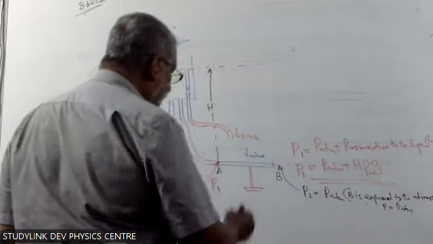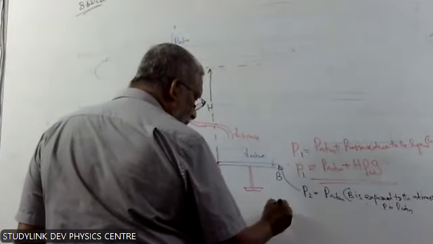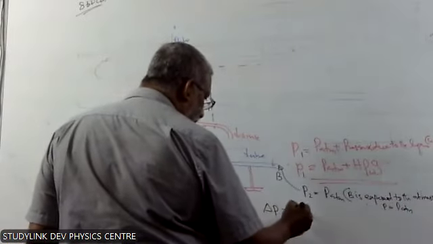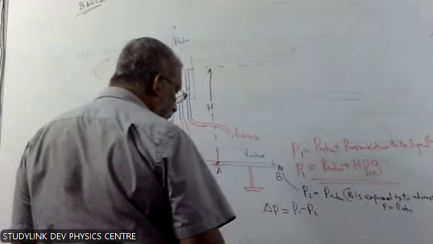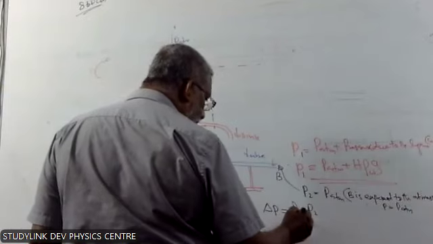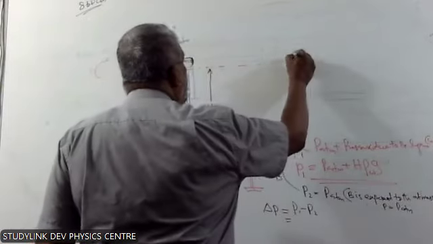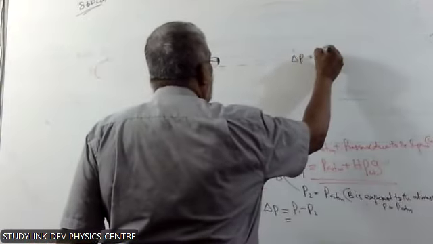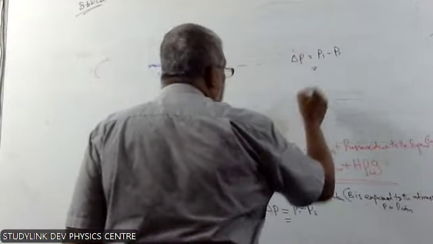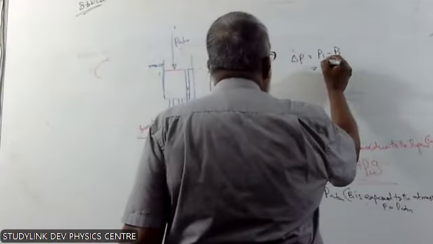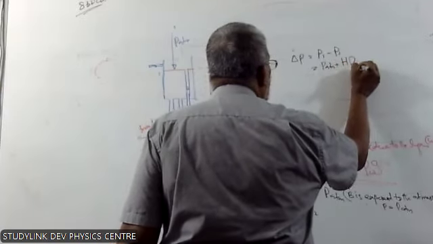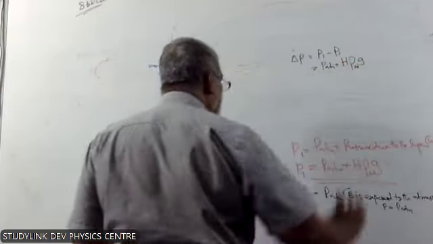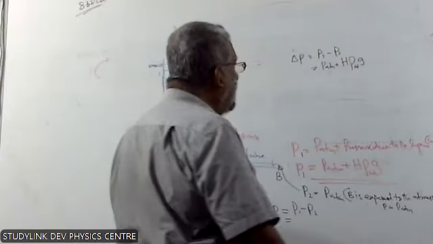Then if you want to find delta P, it is defined as P1 minus P2. So delta P is equal to P1 minus P2. P1 is P atm plus H rho w g. If any other liquid is there, that density should be considered.